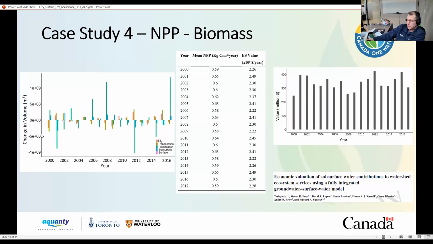So from 2000 to 2017, we have a transient simulation that we aggregated into annual chunks. And within these annual chunks, we see differences relative to the long-term mean in evapotranspiration, precipitation, subsurface water storage change, and surface water storage changes.